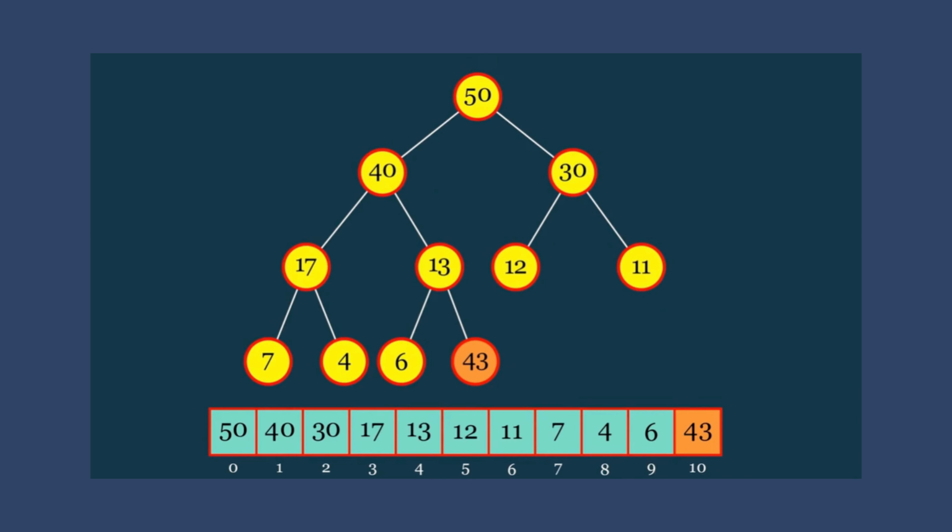To fix this, we check if the element is greater than its parent. If it is, we swap them to restore the heap structure, effectively bubbling up the element. We continue this process, comparing and swapping with each successive parent until the heap property is restored or the element reaches the root.